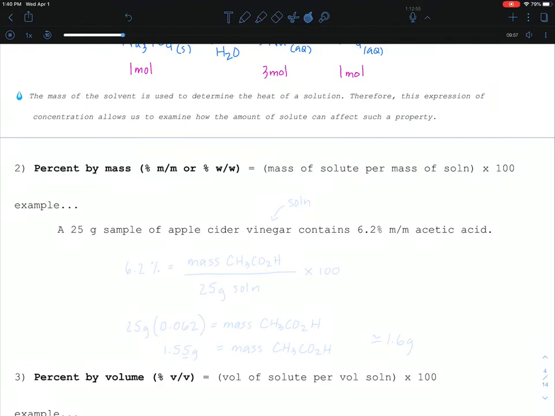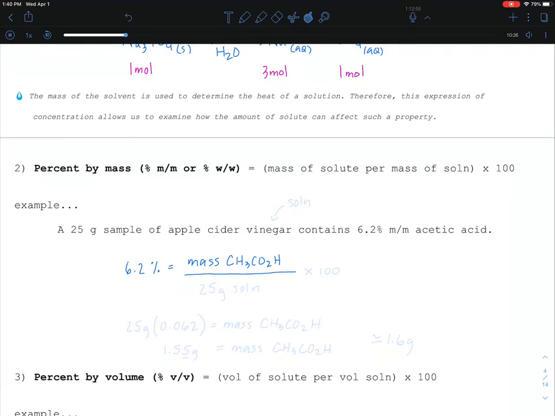So what they're telling you is that the entire solution is 6.2% by mass, so M over M, and that equals the mass of the solute, in this case the acetic acid, so this is CH3CO2H, the formula for acetic acid.